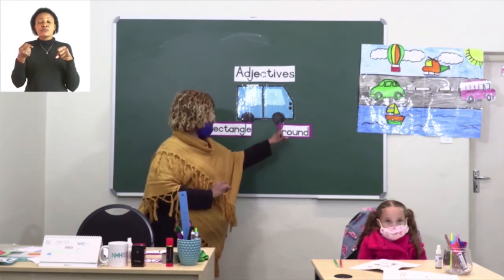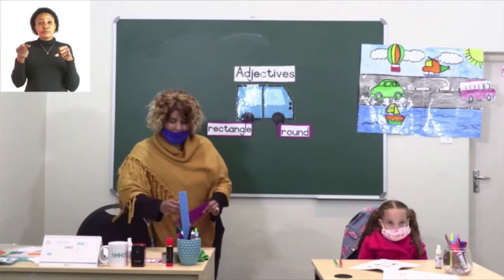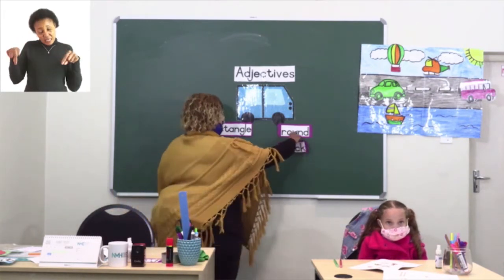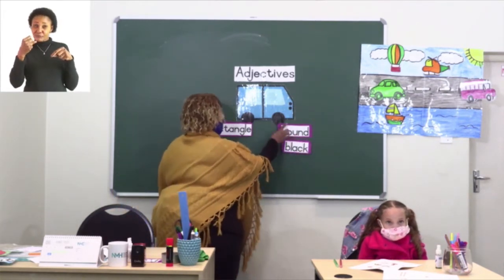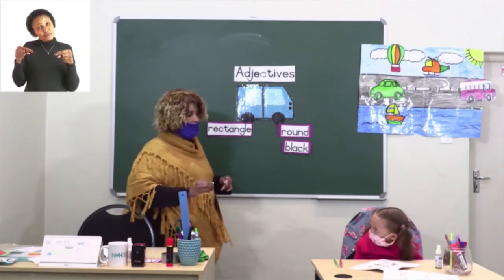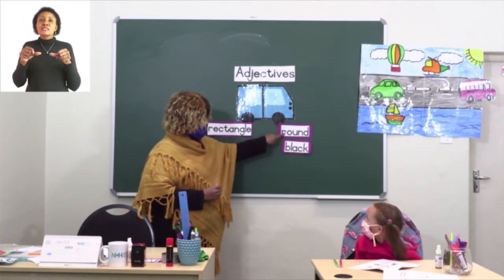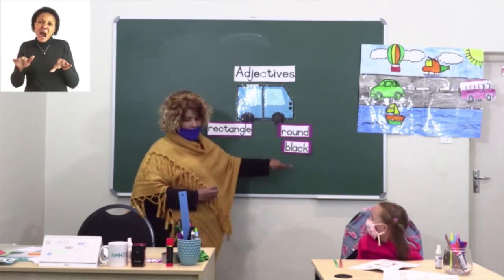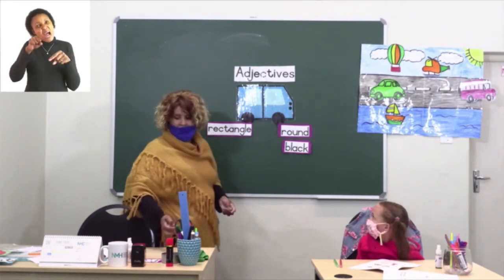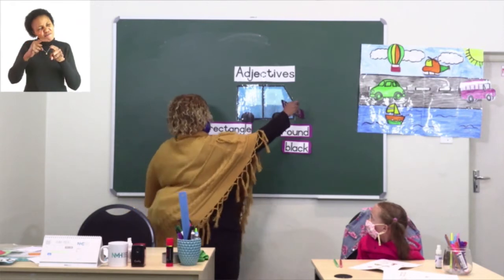So the adjective is round. And these wheels are black. It's still describing how these wheels look. They are round and they are black. And this van drives very fast.